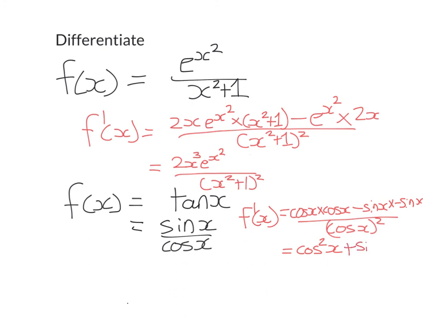So we get cos squared x plus sine squared x over cos squared x. Now, remember, cos squared x plus sine squared x is always 1. That's due to Pythagoras' theorem. So I just get 1 over cos squared x. That is the derivative of tan x: 1 over cos squared x, made possible due to the quotient rule. So I'm not just some silly old man. We can actually use the quotient rule on tan x. The quotient rule, very, very useful.